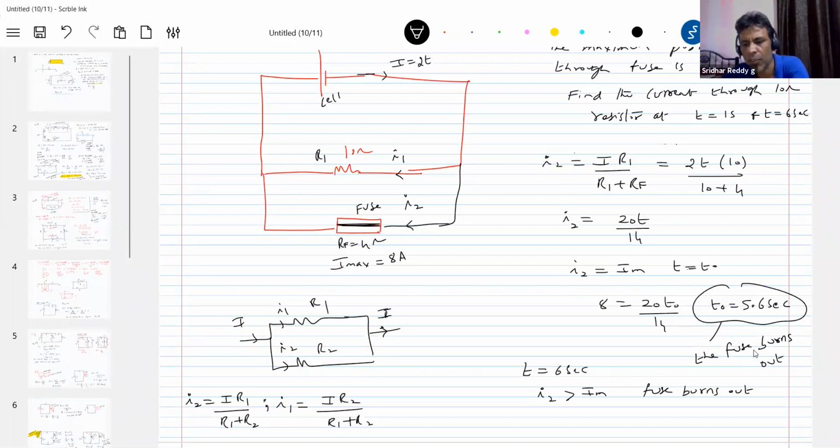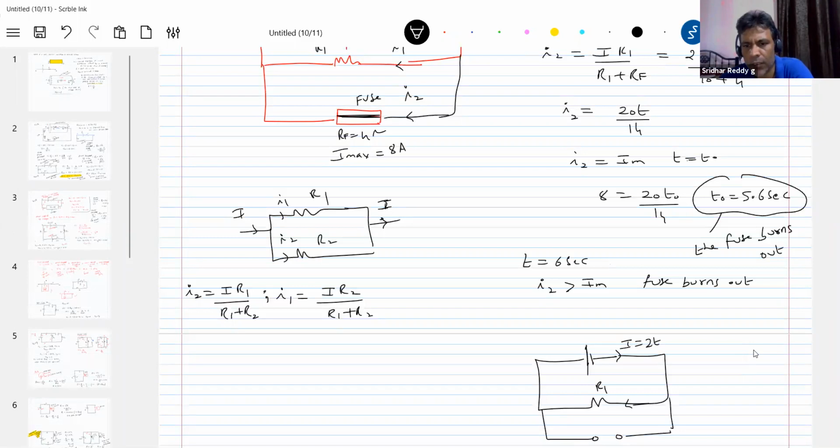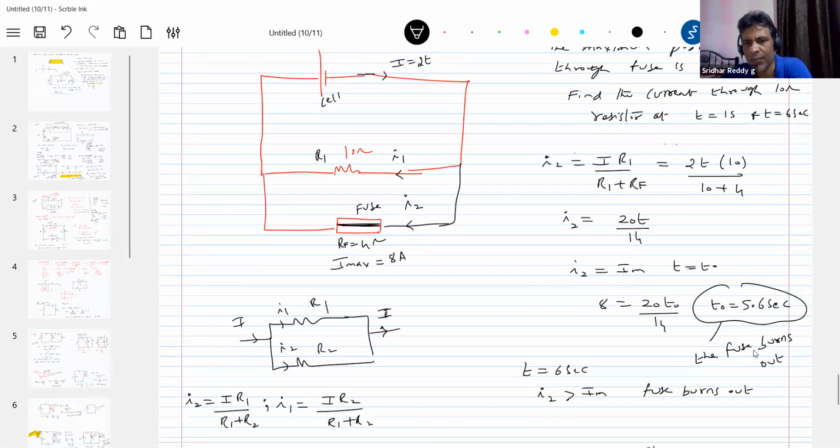In place of the fuse, you should replace it with an open circuit. So only this resistance R1 is there, and all the current will pass through this one only. So I is equal to 2 into 6, 12 ampere. Now the next is asking at t equal to 1 second.